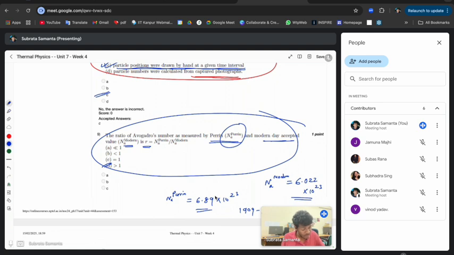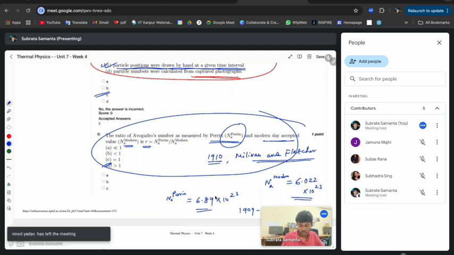In 1910, Millikan and Fletcher also measured the value of the Avogadro number, using the charge of Brownian particles.